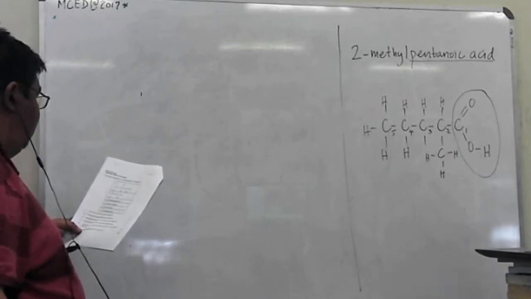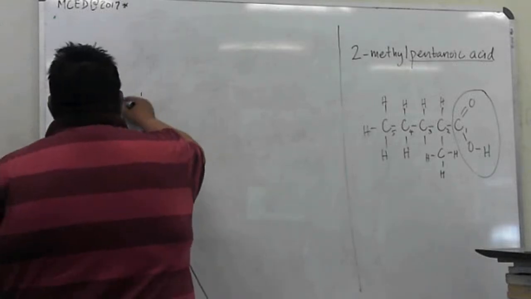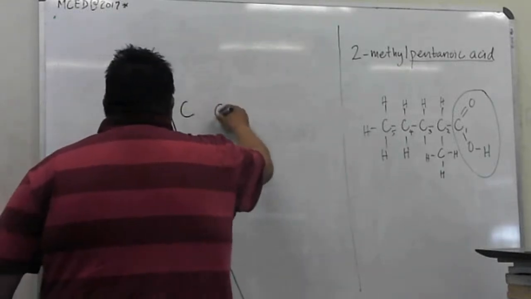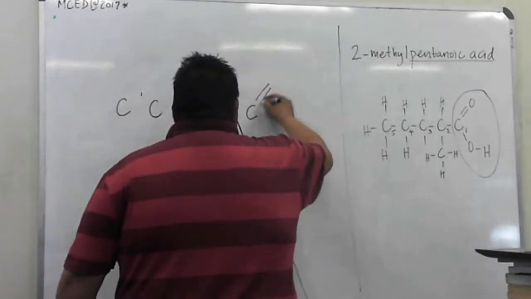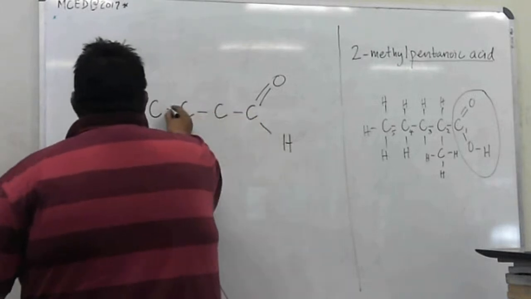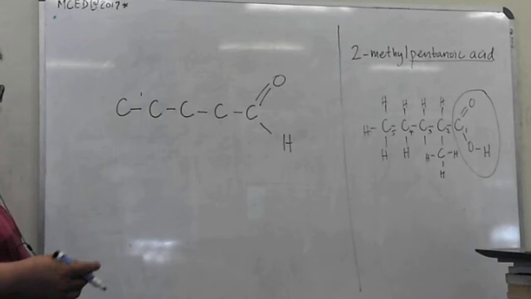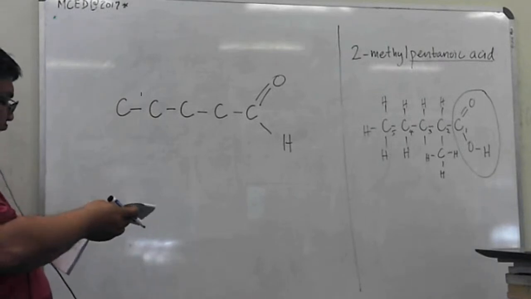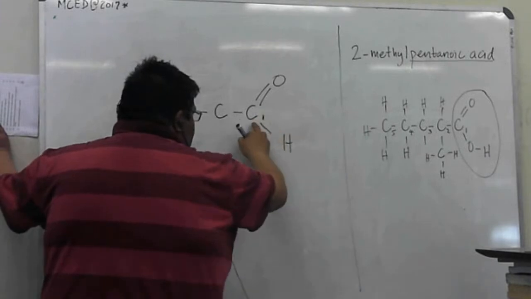So it's 2,3 dimethyl pentanal. So pentanal, 1, 2, 3, 4, 5. Pentanal, it's an aldehyde. So I've got the formyl group. This is carbon number 1 because this is the functional group.